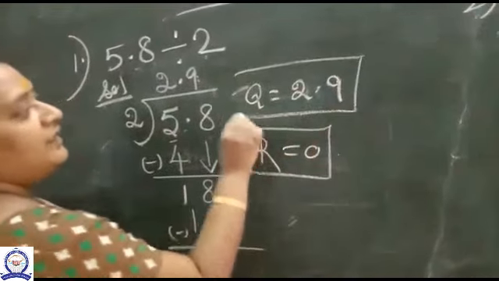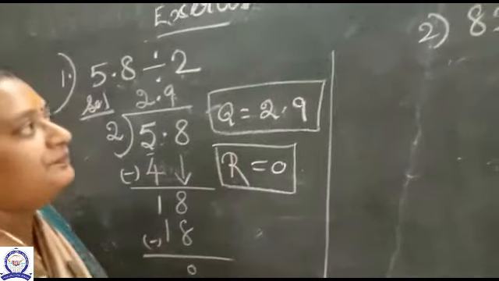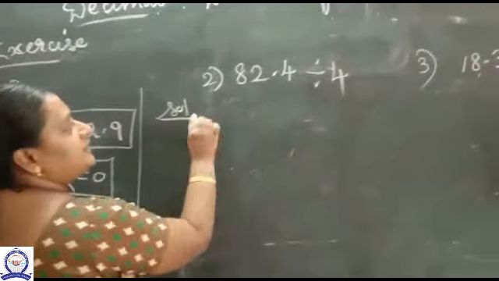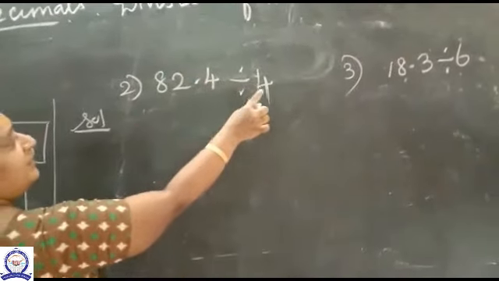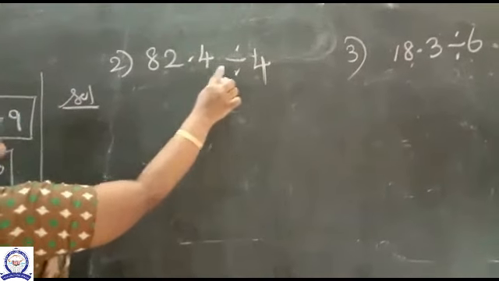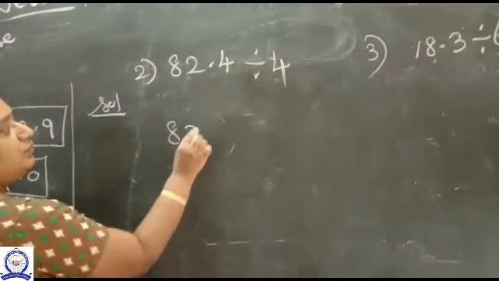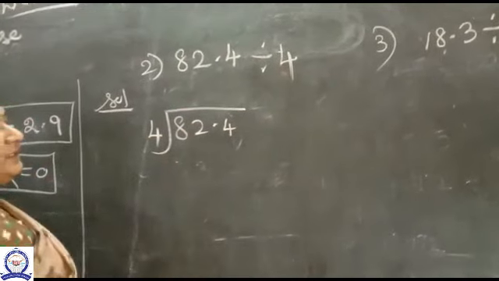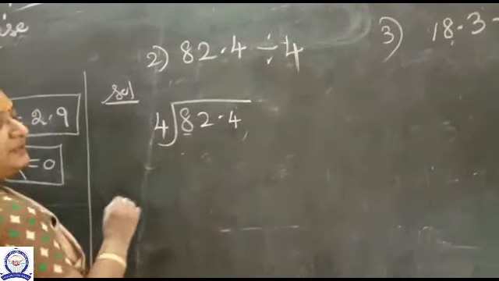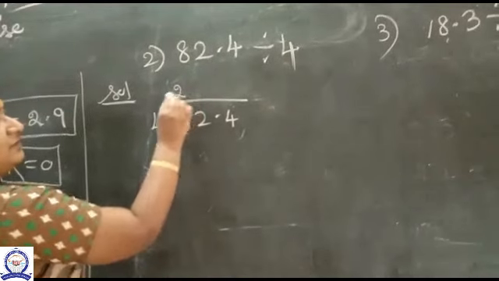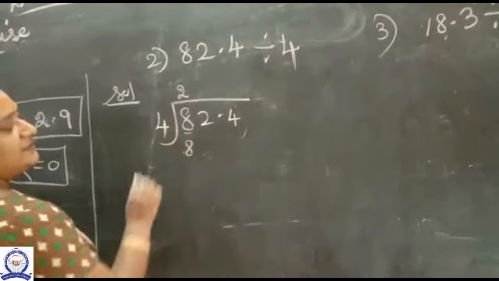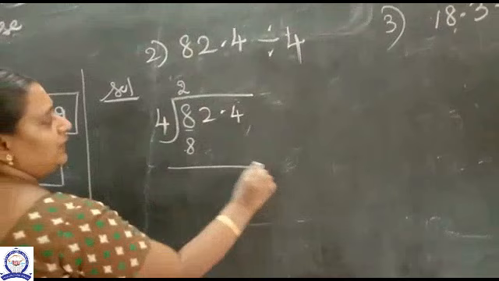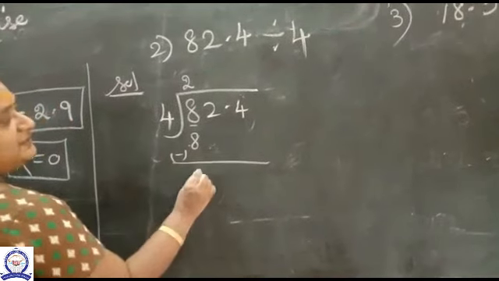Okay, similarly let us see the second sum. So solution, 82.4 divided by 4. 82.4 உள்ள எழுதிட்டு வெளியில 4. Now you consider the first number. 4 2s are 8. So 8 minus 8 is 0.